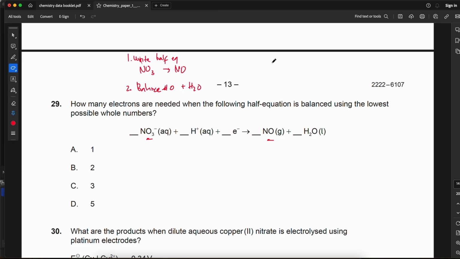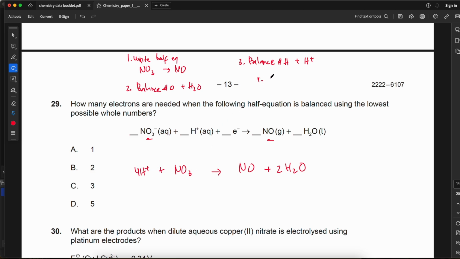I will just write it here so it will be easier. Oxygen here is 3 and here is 1, so we need to add H2O right here. So now 3 O, 3 O. The third step, we need to balance the number of hydrogen by adding H plus. Here there is no hydrogen, but here 4 hydrogen, so 4 H plus.